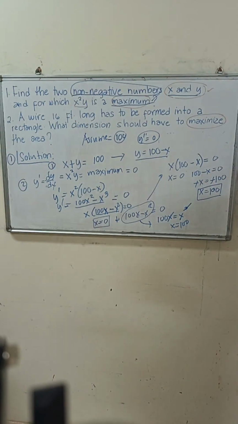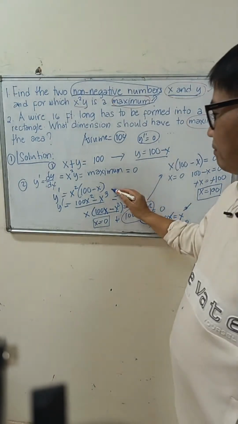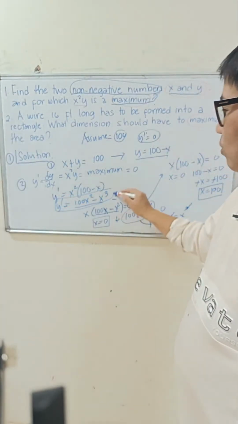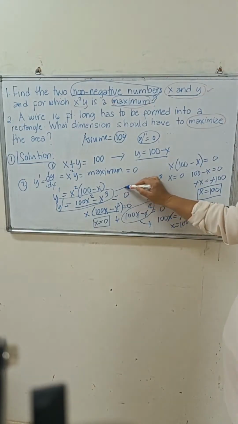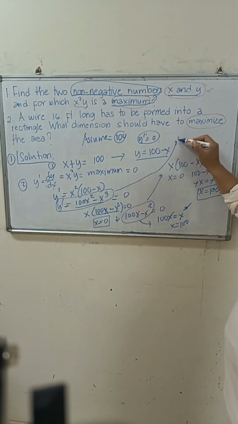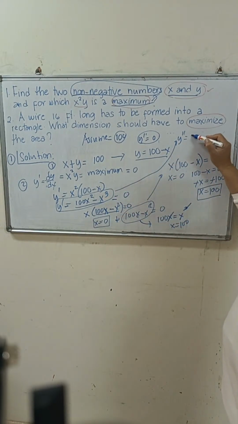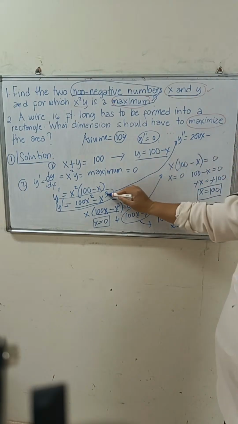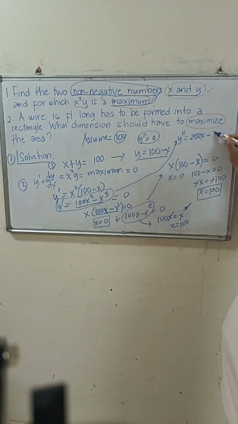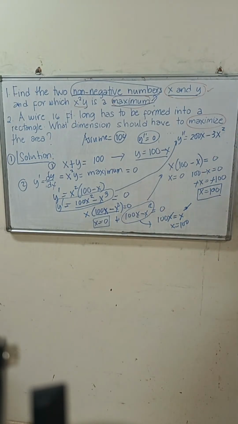Since I know y prime already, I need the second derivative of this, which is y double prime. Derivative of 100x squared is 2 times 100, 200x. Derivative of x cubed is 3x squared. That's our second derivative.